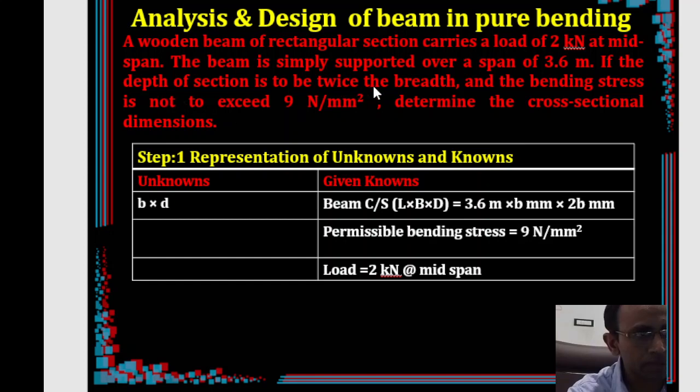If the depth of the section of the beam is twice the breadth, that means there is a condition given.